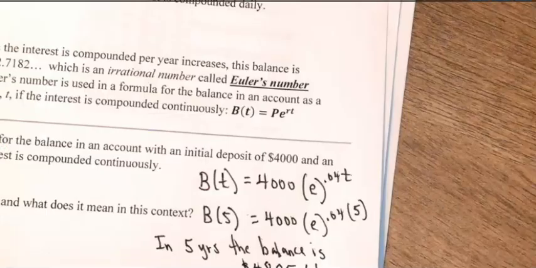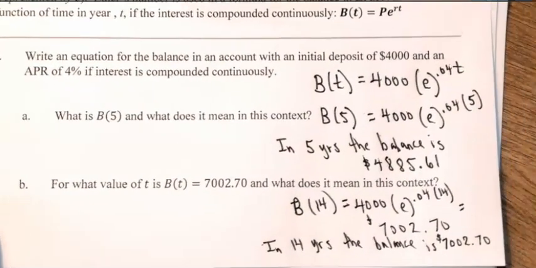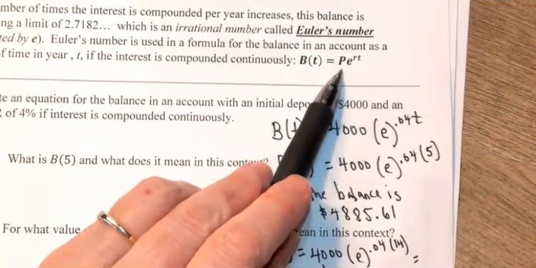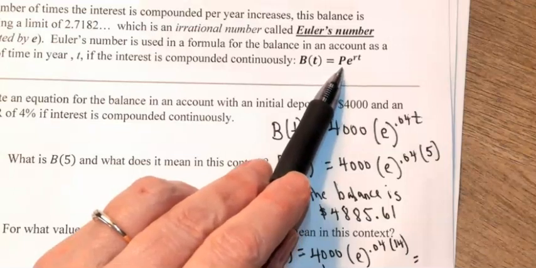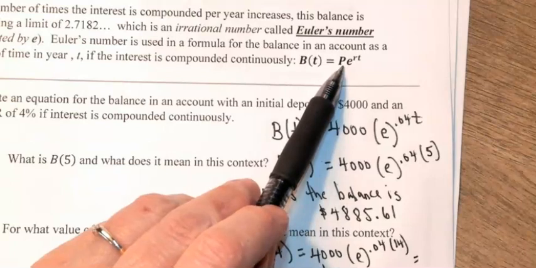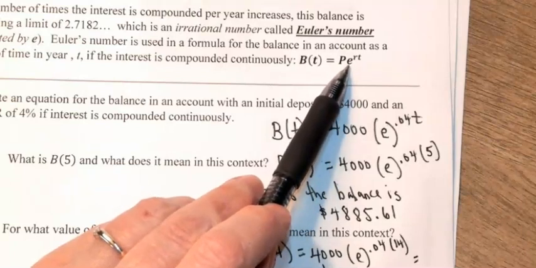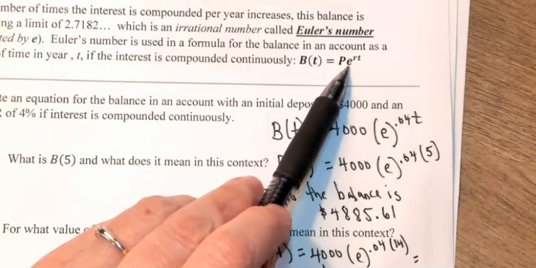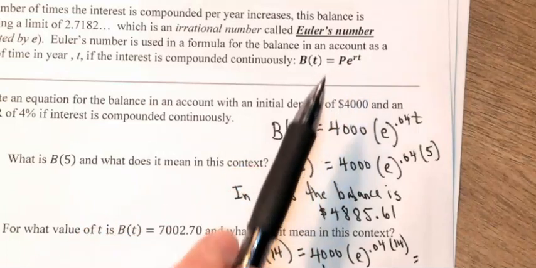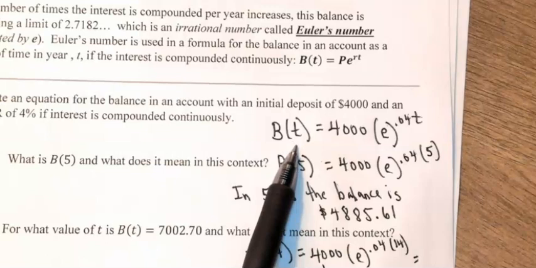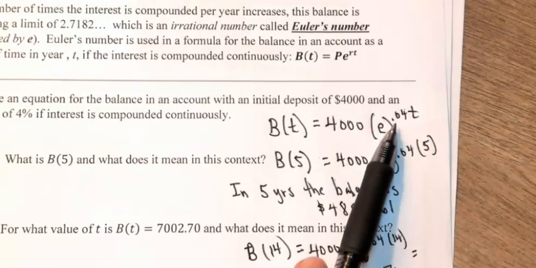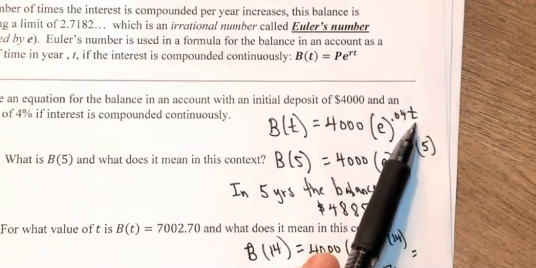So to summarize, we now know the balance in an account can be represented by this formula when interest is compounded continuously. P being the initial deposit or principal times e, which is Euler's number, raised to the rt, where r is the interest rate written as a decimal. So the first thing we wrote was the equation. B of t is equal to $4,000 times Euler's number raised to the 0.04 times t.